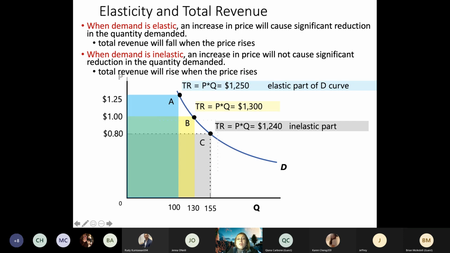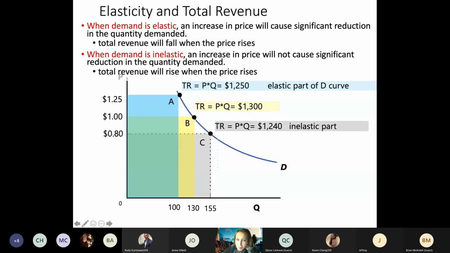Whereas if you continue to do so, you're moving into a more elastic part of the demand curve, where people do start caring about the price, and so they start dropping out of the market. So when you find yourself at an elastic part of the demand curve, it's actually better for you to reduce the price sometimes.